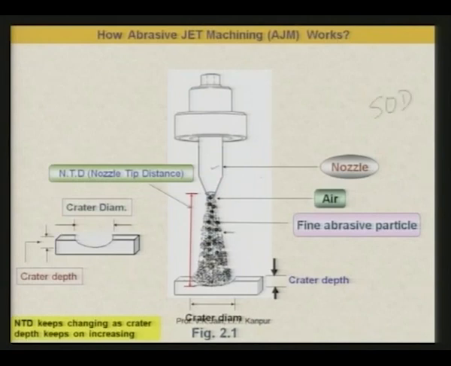Now, this air and abrasive particle mixture consists of very fine abrasive particles, and you can see here this is the workpiece from where the material is being removed in the form of a crater.